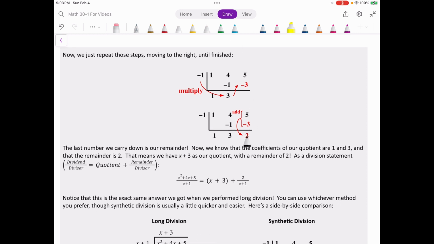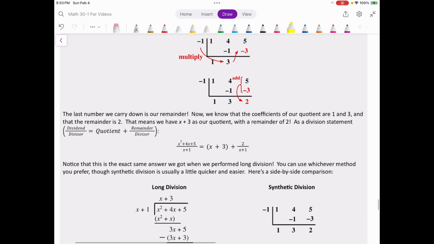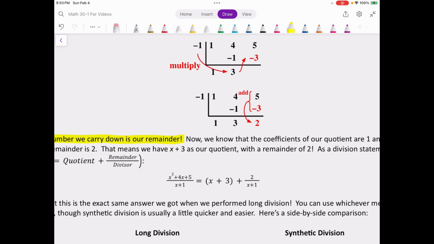Okay? And notice there's nothing left to do. There's no more stuff to work with. So that last thing, since we're done, is now our remainder. That 5 plus negative 3 gives us 2. There's nothing left to do with that 2, so that is going to be our remainder. This is where I was saying now we have to take this and interpret it, okay?